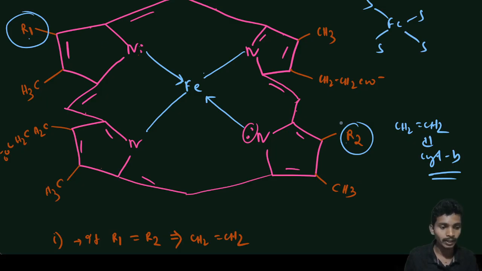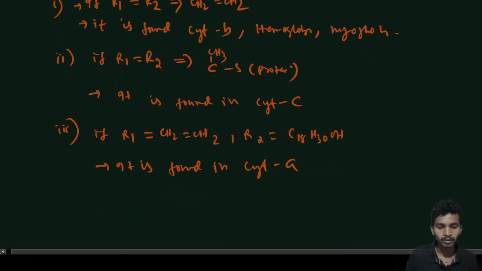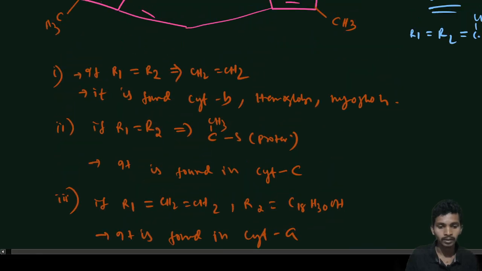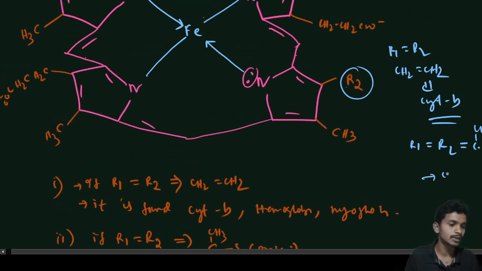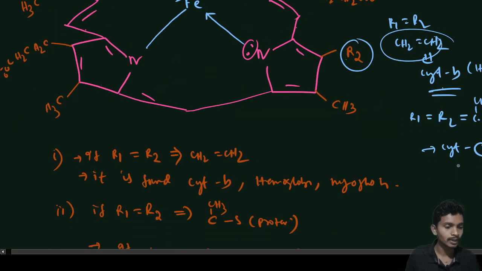If R1 and R2 are equal to CH3 and this is S, then it is found in cytochrome C. Okay, if both R1 and R2 are this, then cytochrome B, that is hemoglobins and myoglobins.